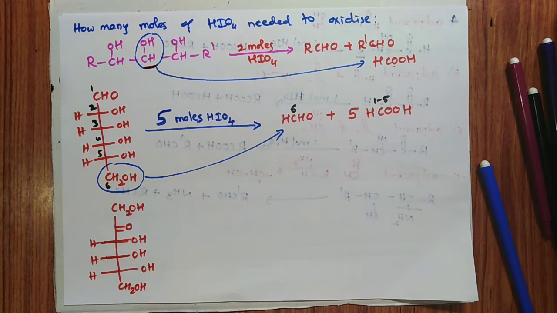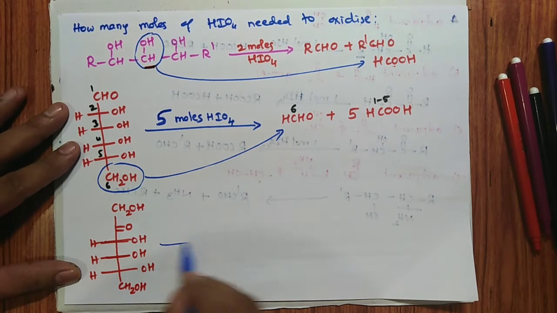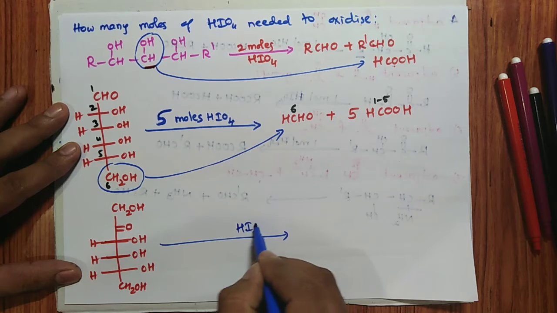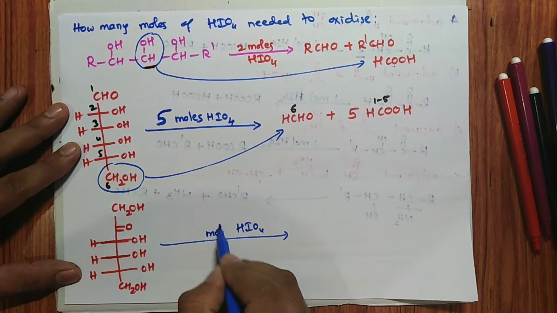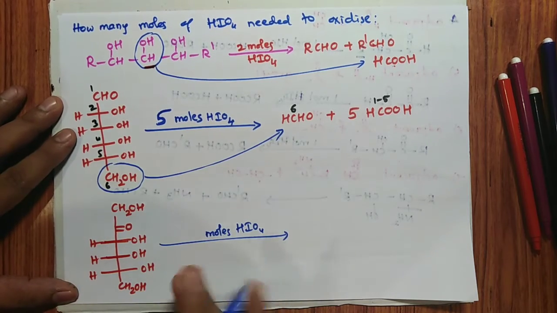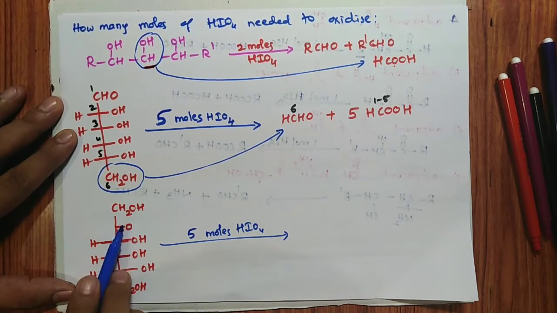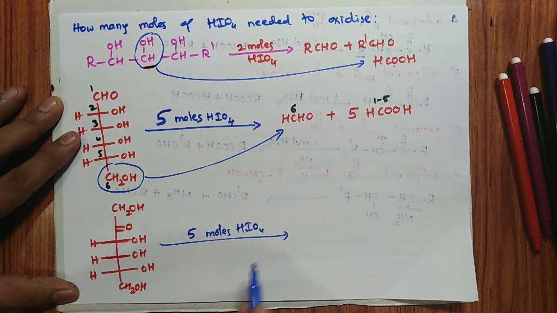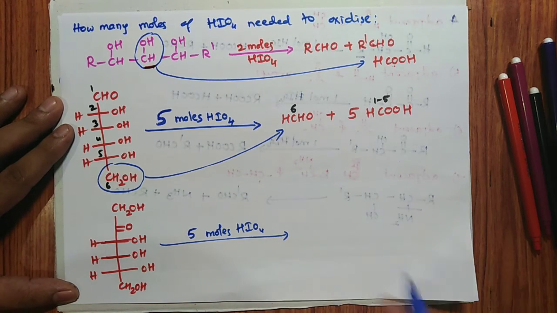So this is the structure of fructose. Now we will see how many moles of HIO4 are needed. Remember, the number of moles does not change because these two are isomers. Hence here also we need 5 moles, because 1, 2, 3, 4, 5, 6 minus 1. 5 moles of HIO4.